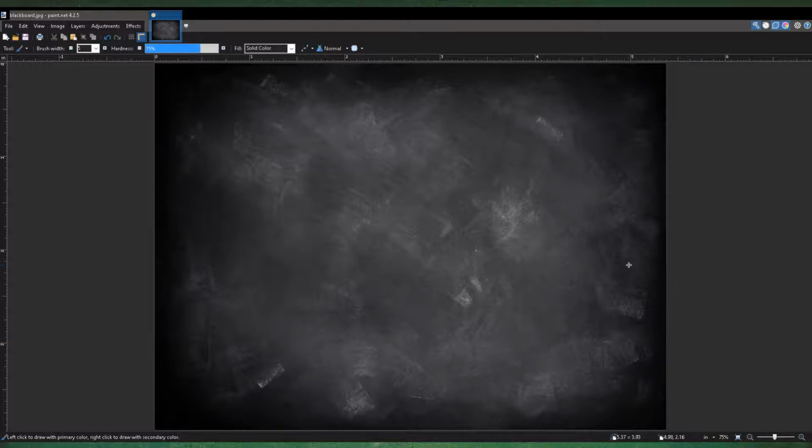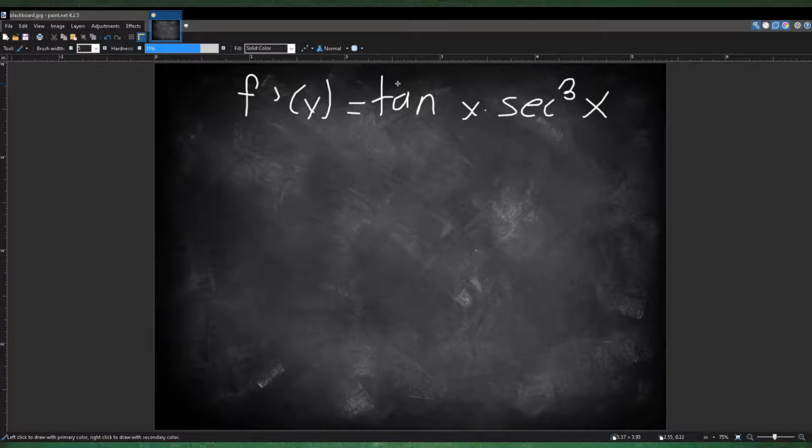So another way to do this is that we have the integral of tangent of x times secant cube of x. What we do is that we kind of just think about it. So we have u as tangent of x. So what's the derivative of tan? Well, the derivative of tan is just secant squared of x, right?